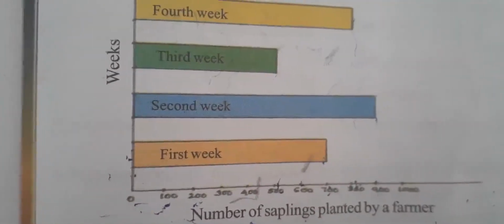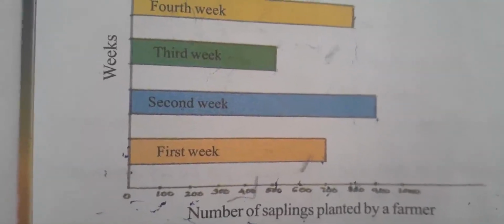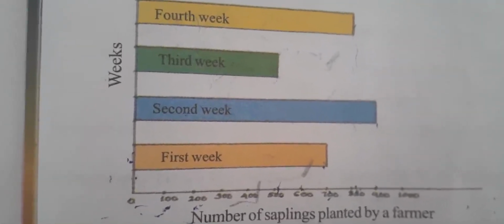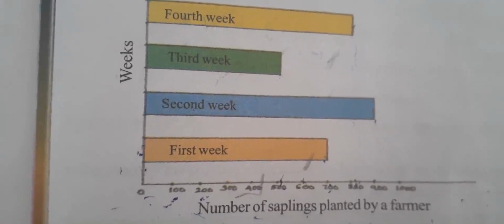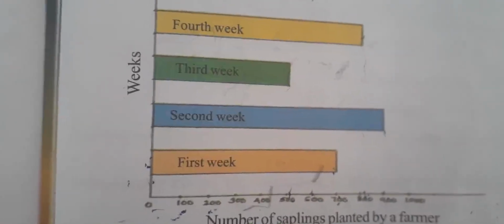The horizontal line, that is the x-axis, they have taken the number of saplings planted by a farmer. 1 centimeter they have taken as 100 saplings: 200, 300, 400, 500, 600, 700, 800, 900 up to 1000. So after every 1 centimeter they increase by 100 plants.